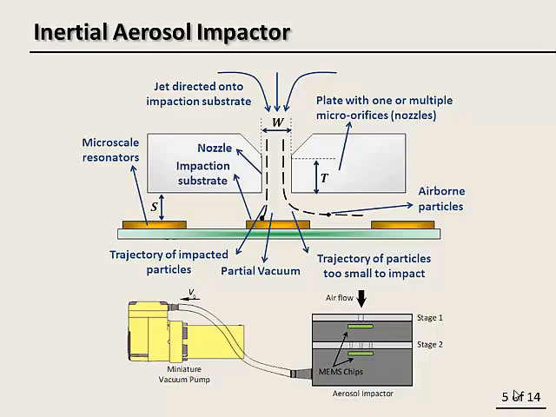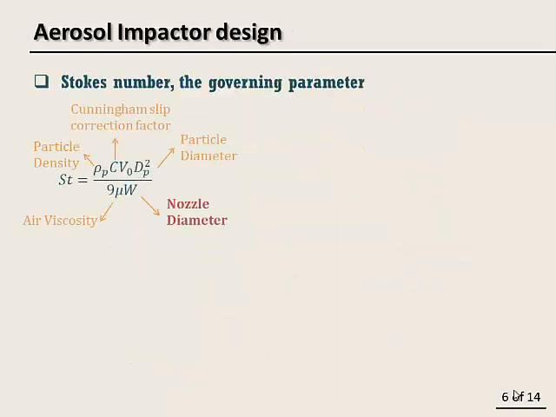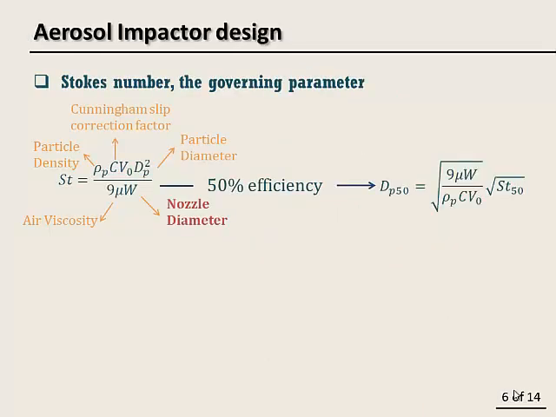The smaller particles, as we talked about, can be collected in the successive stages of the impactor. The governing parameter for designing aerosol impactors is the Stokes number, which is a dimensionless parameter, the ratio of the characteristic response time of particles to that of the fluid.